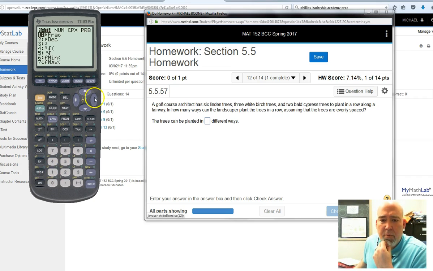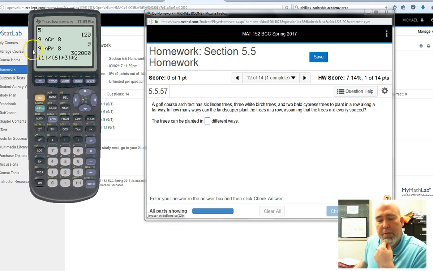So here's the formula that's in your text. It's taking all 11 trees, and we're going to divide by the multiplicity of each tree. So we have 6 factorial times 3 factorial times 2 factorial. This would be the process.